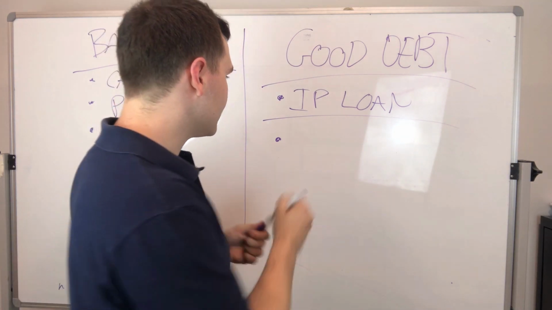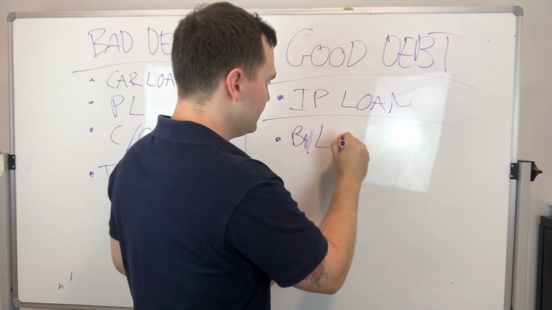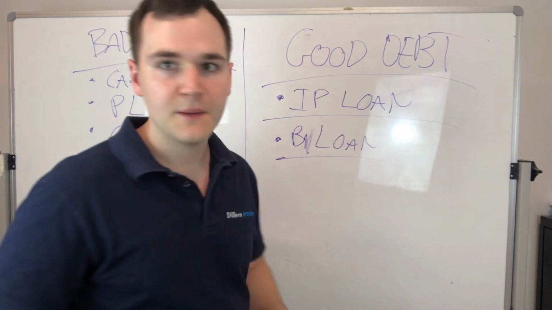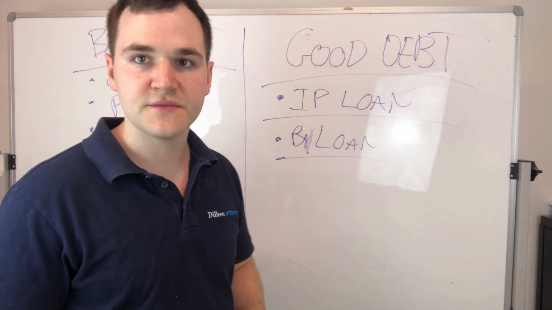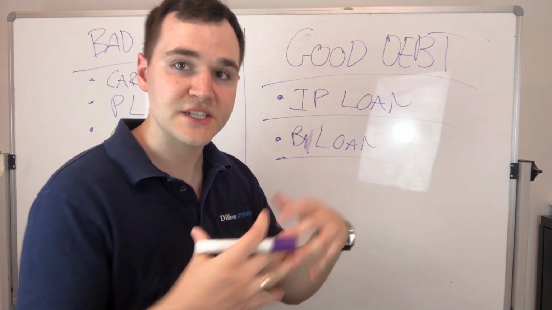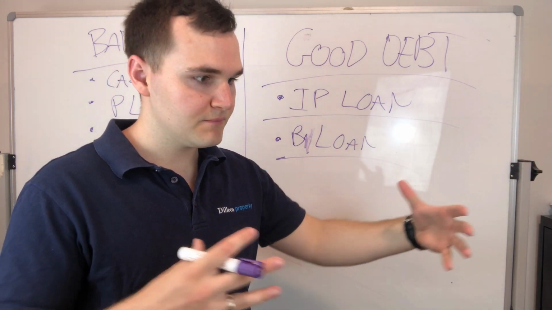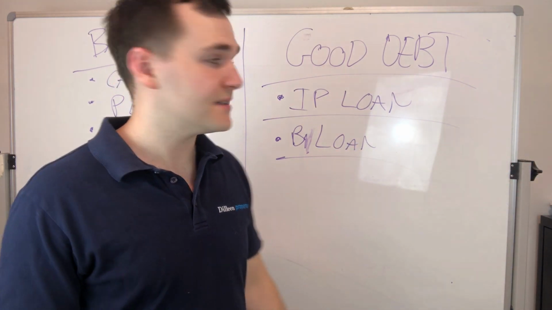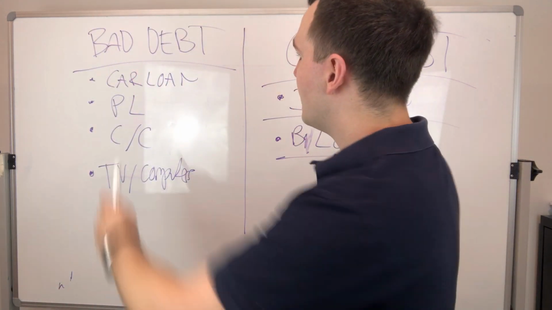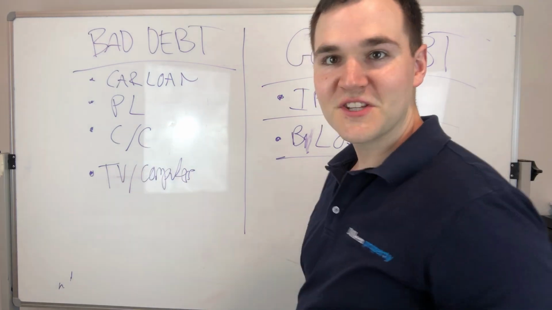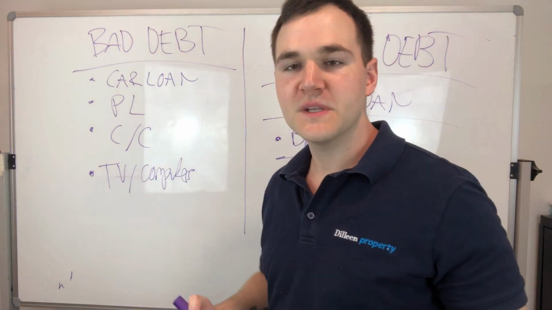So say a business loan. With a business loan, you can also claim a lot of things back, such as interest and all the costs associated, but you can use debt to your advantage to leverage to get to the next level and make more money, basically. So yeah, this is a quick example of bad debt, all that rubbish there, and good debt, all that good stuff there. So I hope this video has helped.